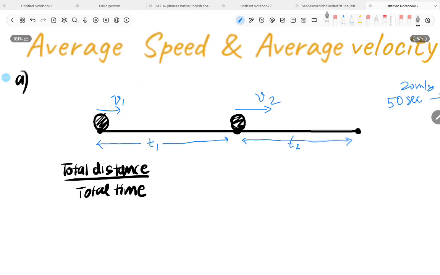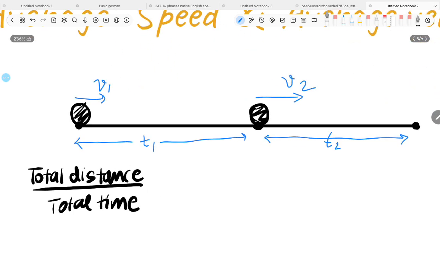Now what is total distance here? We are not given the distance, we just know the velocity and the time for which that velocity is there. So first of all we need to find distance. How are we going to obtain it?